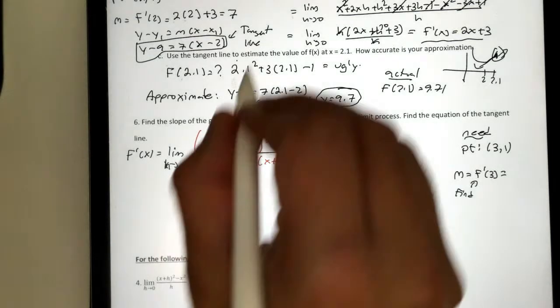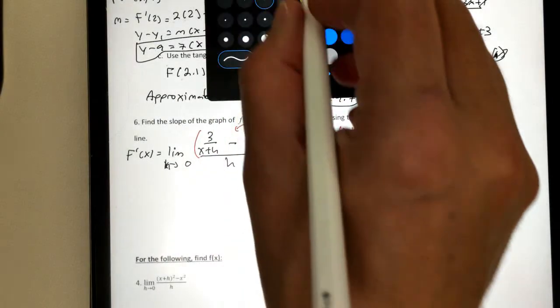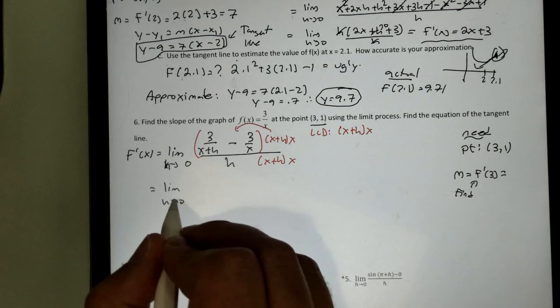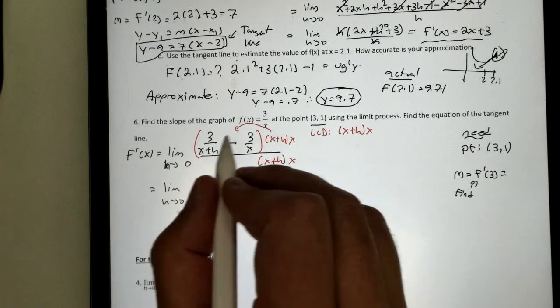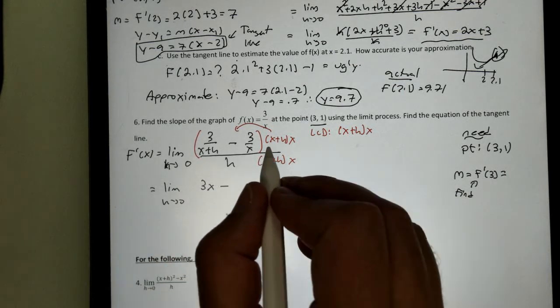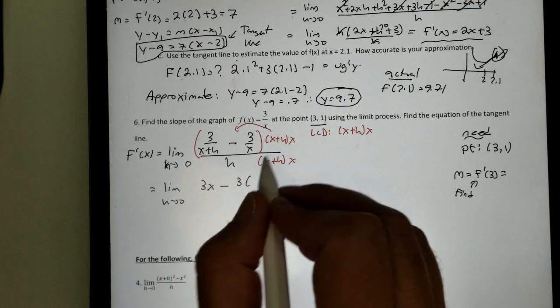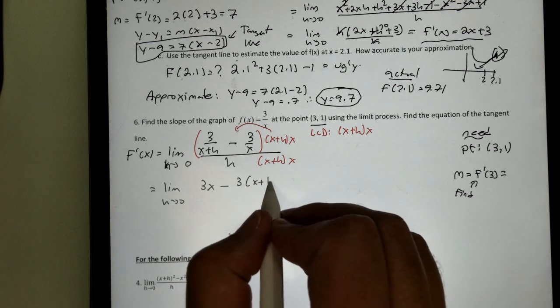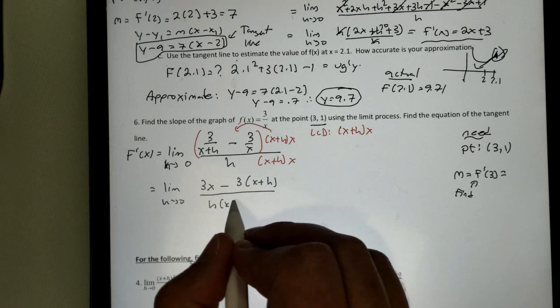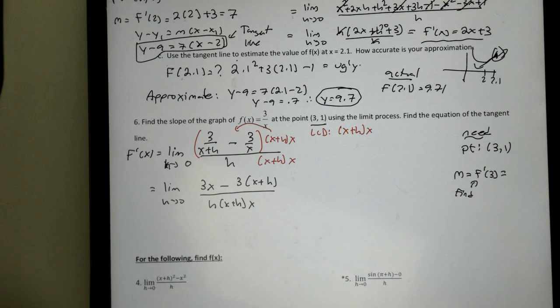And when we distribute, that's when the magic happens. We get the limit as h goes to 0. If I distribute, the x plus h's cancel, and I'm just left with 3 times x, minus, here the x cancels, and I'm left with x plus h, all over h times x plus h times x.